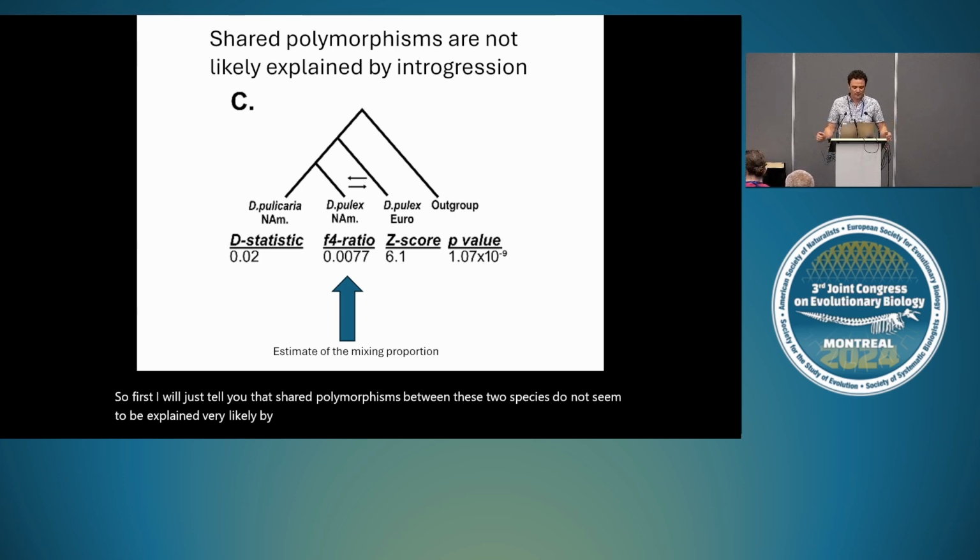This is the analysis of an ABBA-BABA, or D statistic. And the estimate of the mixing proportion between these two taxa is very low. And so in comparison to some other contrasts we can make in this group, it is the least well supported for evidence of introgression. So we can rule out at least recent introgression as a cause of those shared polymorphisms.